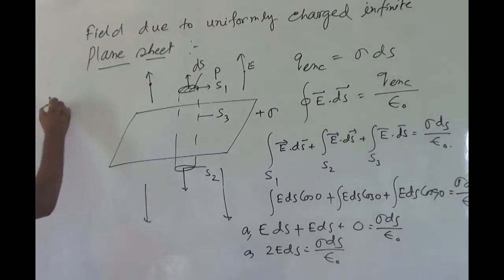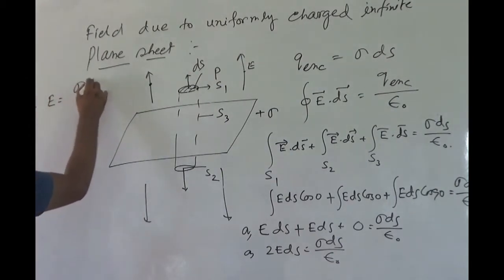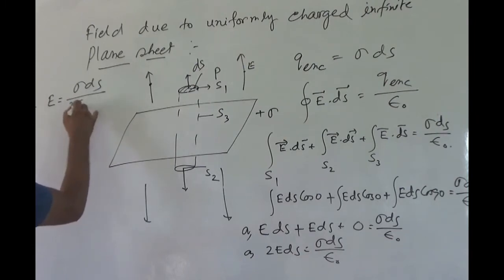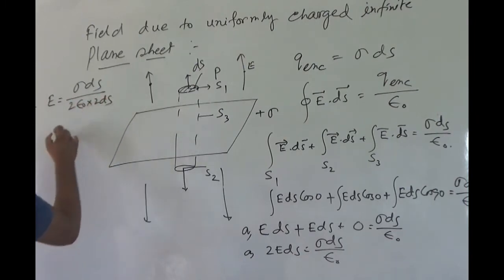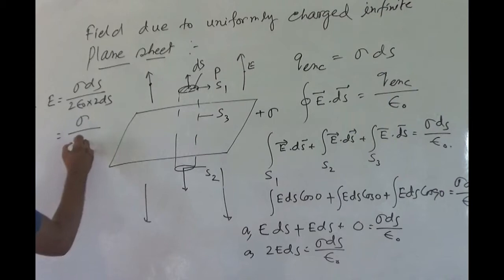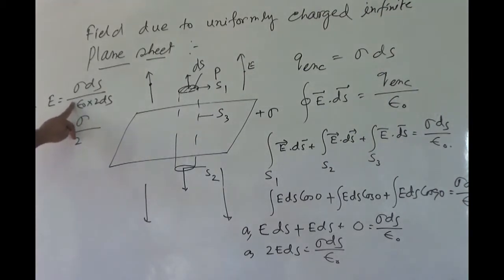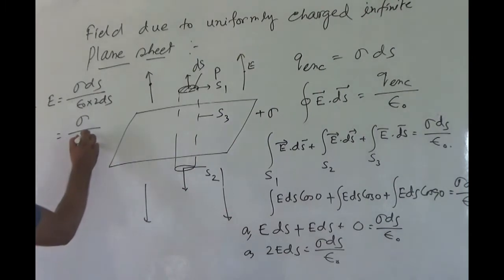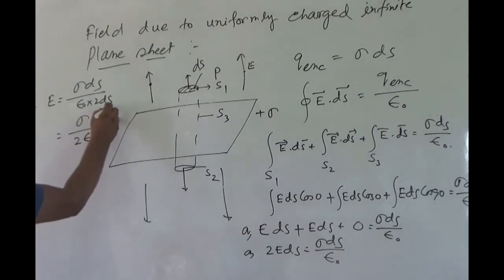Therefore, E equals sigma ds by epsilon naught divided by 2 ds, that means sigma by 2 epsilon naught, as ds cancels.